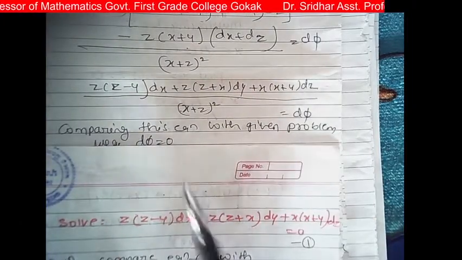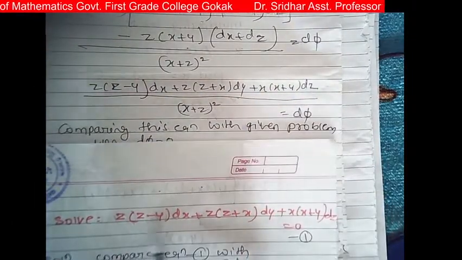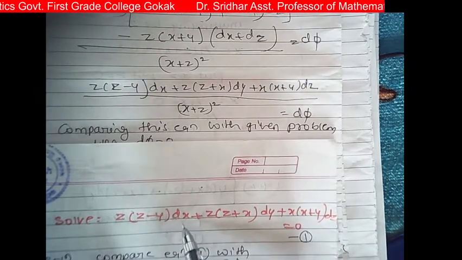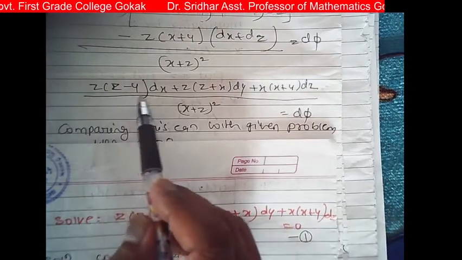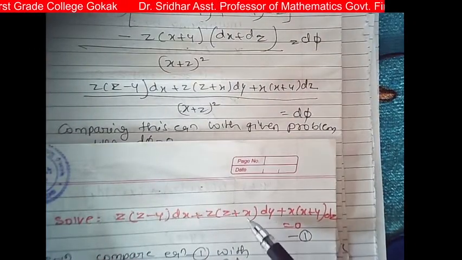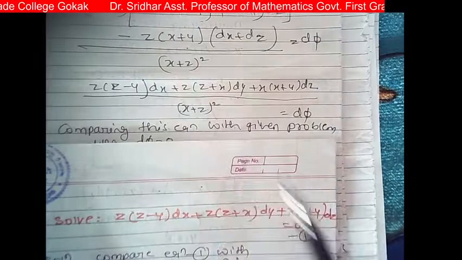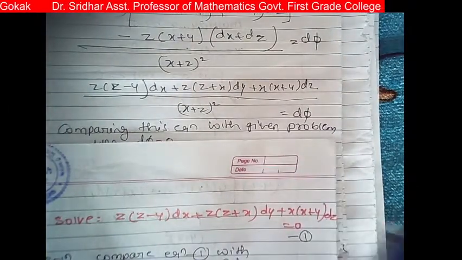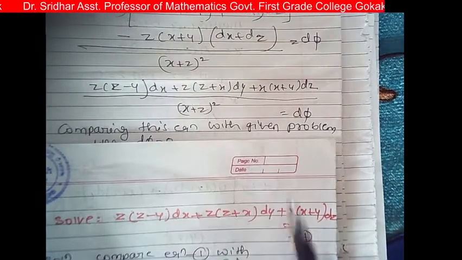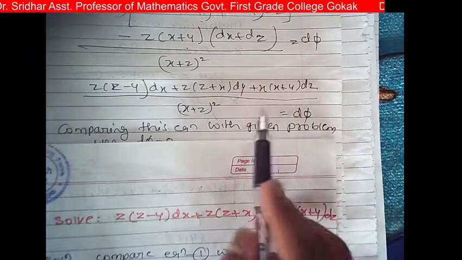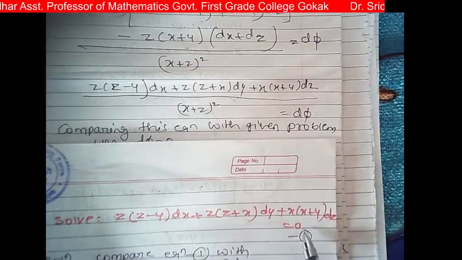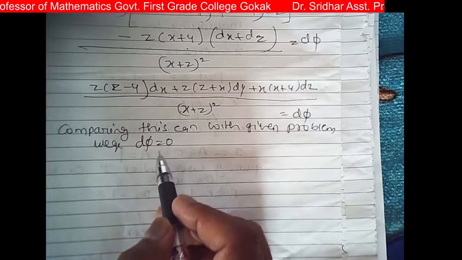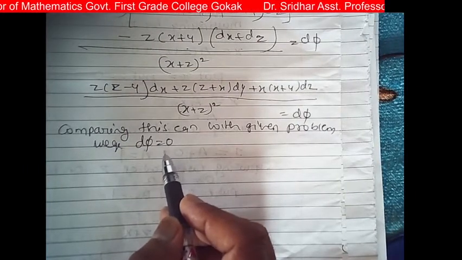Now compare this equation with this one. Here z into z minus y dx, here also we obtain z into z minus y dx, z into z plus x dy, z into z plus x dy, plus x into x plus y dz, x into x plus y dz. Comparing this with the equation, this is equal to d phi, then this is equal to d0 we got. That means comparing that equation gives d phi is equal to 0.